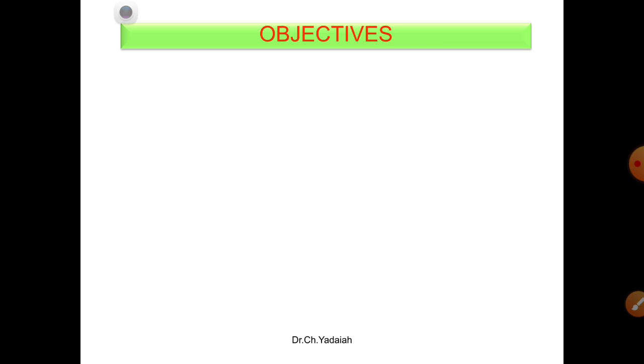Now, in this class, we are going to learn further about electrical circuits and other terminologies. Instead of node, what is the branch, what is the loop, what is the mesh, and what are the different terminologies across our electrical circuits. Let us see.